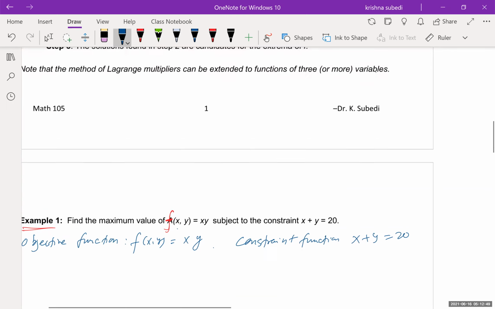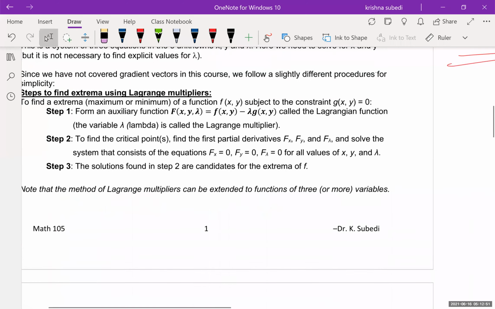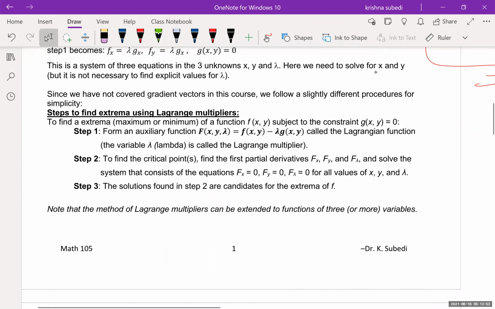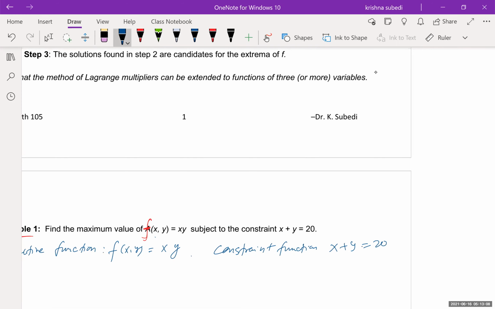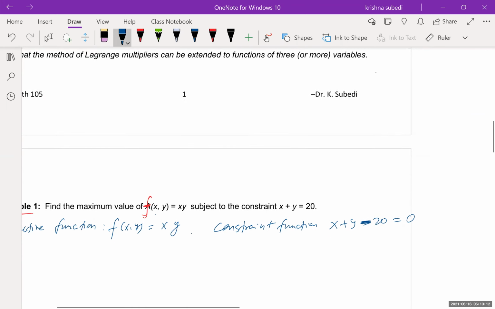Now, here is the step that we're going to follow. Always make sure that the constraint function is 0 on the right hand side. So the constraint function, I will write as x plus y minus 20 equal to 0. Make sure that the right hand side is always 0.